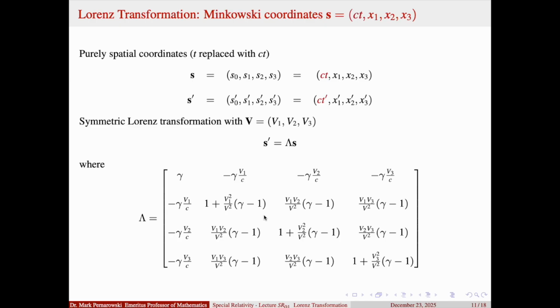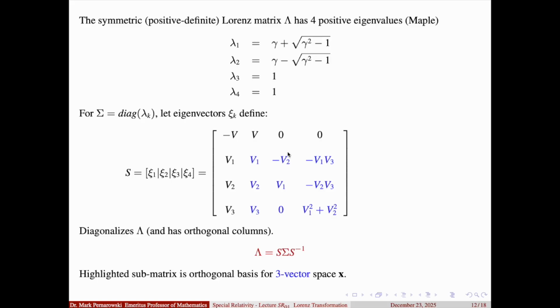So from a mathematical standpoint, when you're looking at this transformation, what you really want to look at is the eigenvalues and eigenvectors for this matrix lambda. If you get lazy and use software like Maple, you can easily find the eigenvalues of this 4x4 matrix.